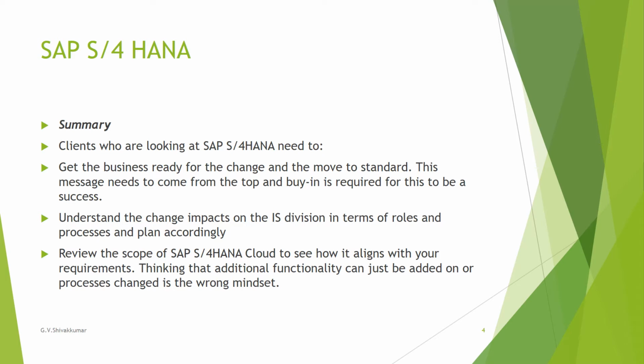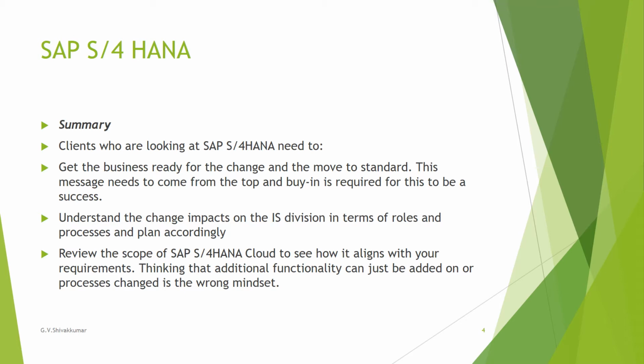So any client looking for an SAP S4HANA implementation in their organization needs to have this summary. Get the business ready for the change and move to the standard. This message needs to come from the top, and buy-in is required for this to be a success. Understand the change impacts on the internal system division in terms of roles and process, and plan accordingly.